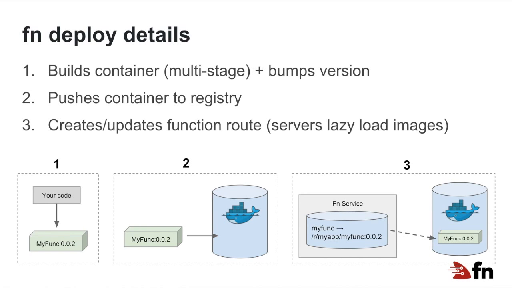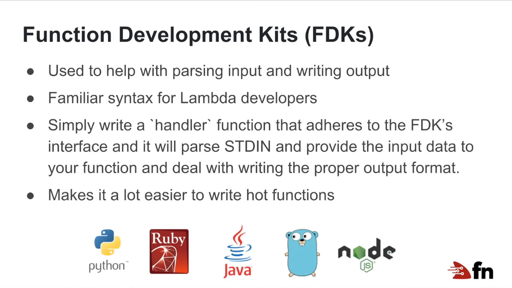Pushes the container to a registry, default Docker Hub, and then creates or updates the route on the FN server. And so you can see here we've deployed to an app called MyApp, and our function is called myfunc, and it's version 0.02. And every time we do a new deploy, that version will get bumped, so we always deploy the next version.